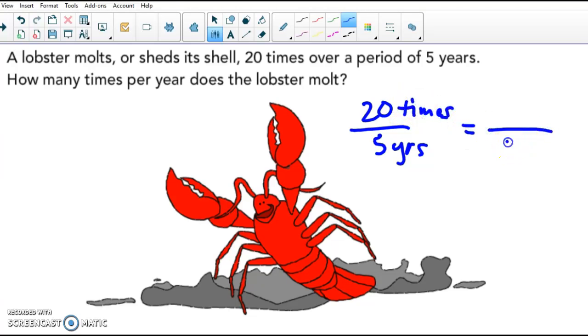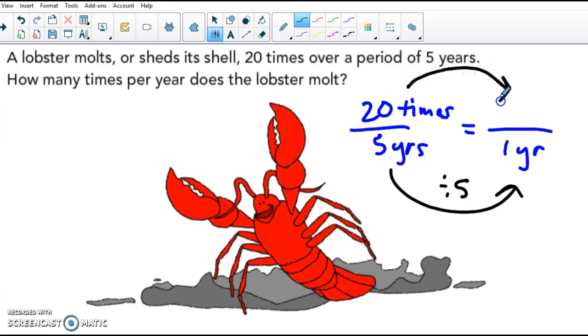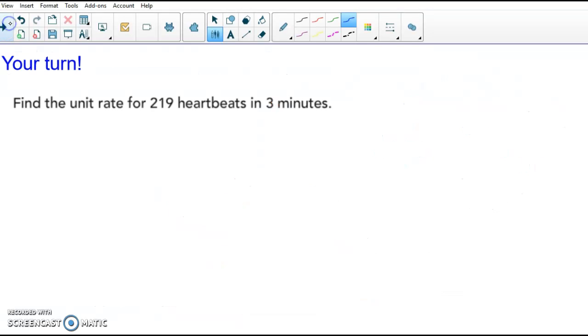If I want a unit rate, I want to know how often he molts per 1 year. I'm thinking, okay, to turn 5 years into 1 year, I need to divide by 5. Whatever I do on the bottom, I have to do on the top. So he is molting 4 times per 1 year. Easy enough. You probably did it in your head.